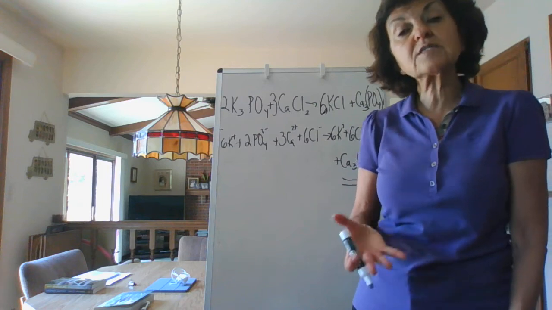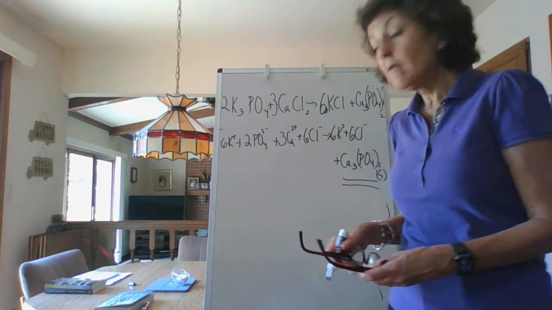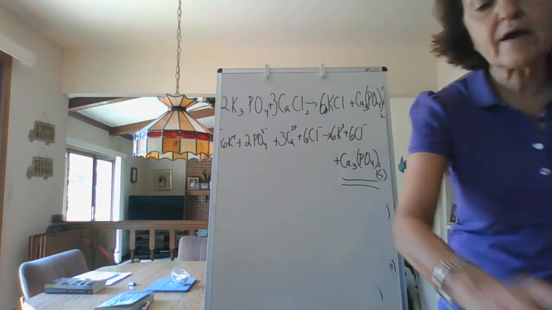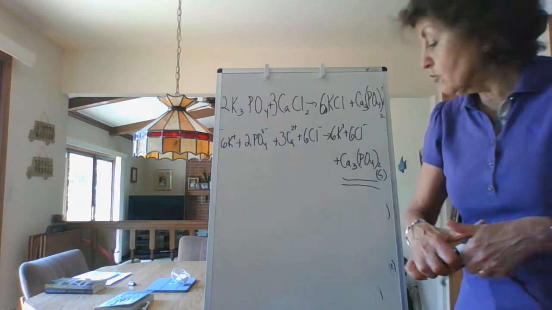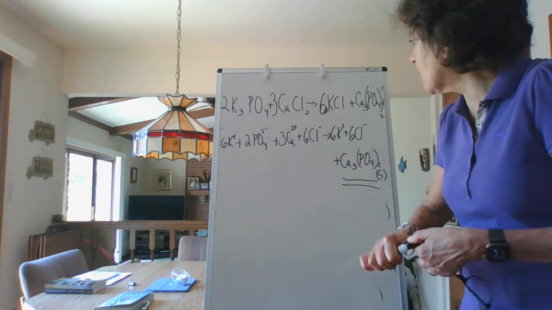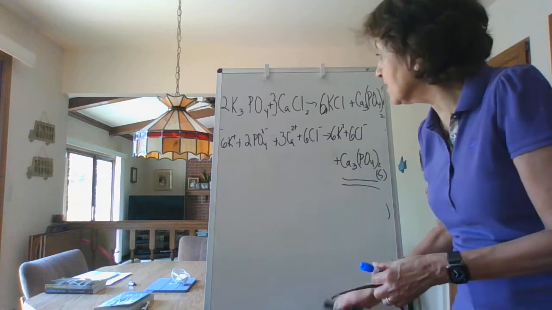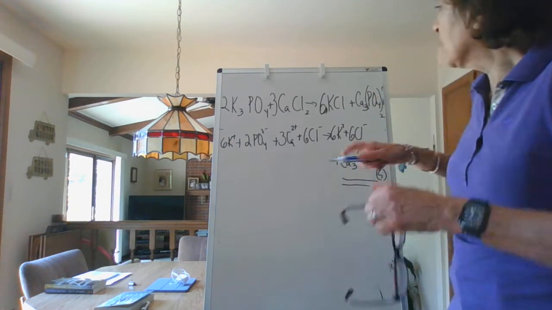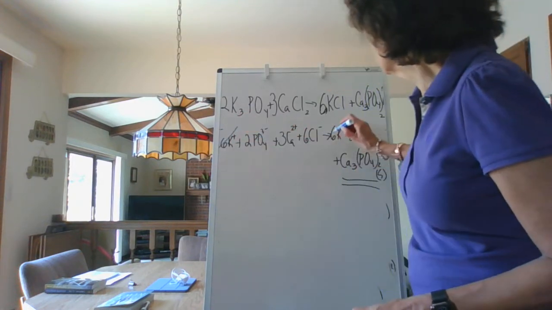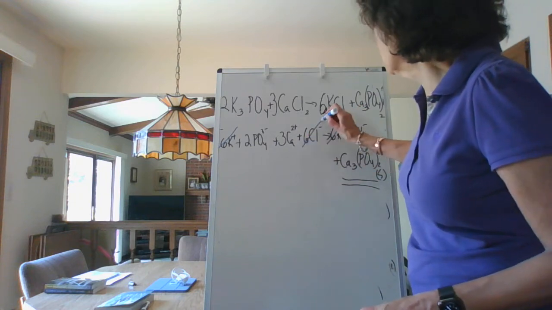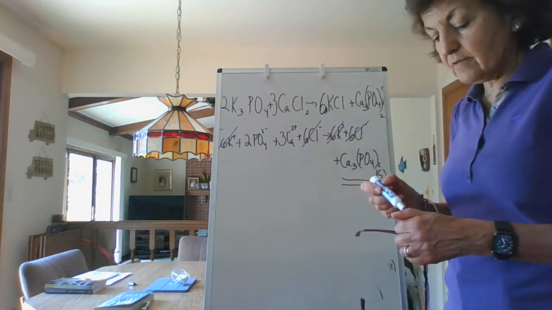How do you turn this equation into net ionic? You cancel the spectator ions. Which ones are the spectator ions? Well, anything that appears exactly the same on both sides. The 6 potassiums, 6 chlorides.